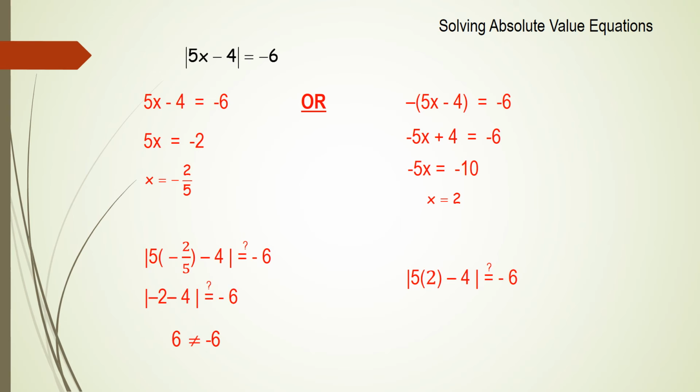Do the two sides of the equal sign match? Is this a solution? 10 minus 4, the absolute value of that, is going to be a positive 6. So this is what we call a no solution. Though we were able to solve it, it does not satisfy the equation, meaning it does not give us a true result when we plug our solutions back into the original problem. Therefore, there is no solution.